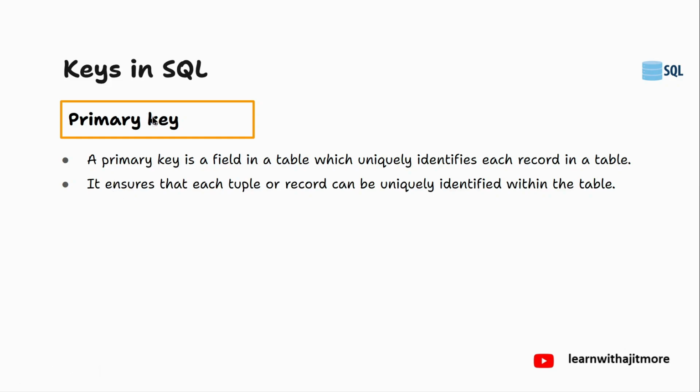Okay. Therefore, always remember primary key will not allow null and all the values should be unique. It ensures that each record or tuple, don't say tuple, the actual correct pronunciation is tuple. So it ensures that each tuple or record can be uniquely identified within the table.